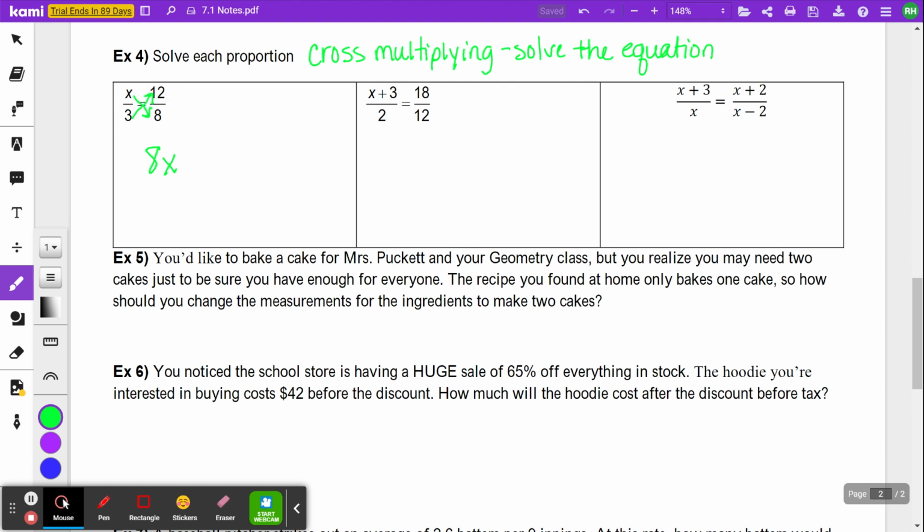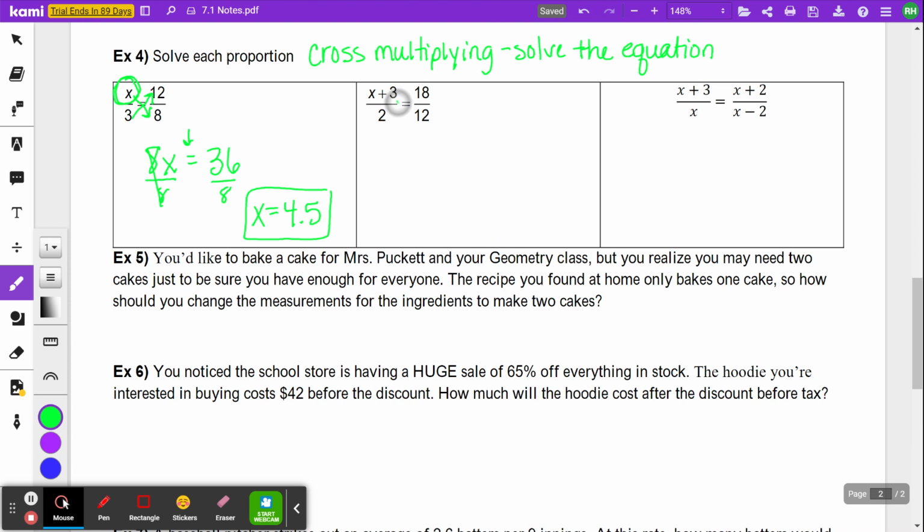Then 3 times 12, I get 36. These two are equal to each other, so I put an equal sign in the middle, and then we just solve. This is a one-step equation, so divide by 8 on both sides. These cancel, and x equals 4.5. And you're done. We're trying to find out what number goes here to make these two ratios equal.